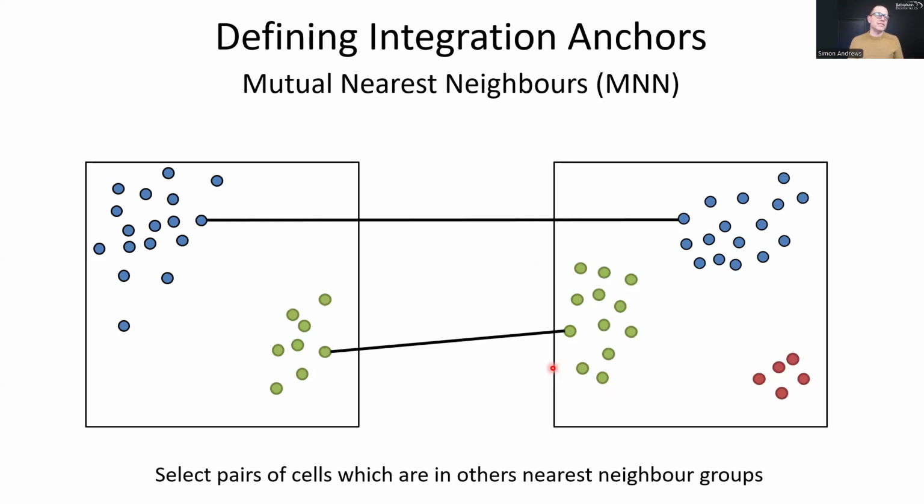Now, this is all implemented in the Seurat framework, and there are various ways in which you can tweak this. Thresholds you can set, you can change the genes that you use for this, you can use different methods for deciding how you pick the nearest neighbors to each of your cells. There's a number of different things that you can adjust. But because more and more people are using this, Seurat have streamlined this integration process, where now the integration is done with a very small amount of very simple code.